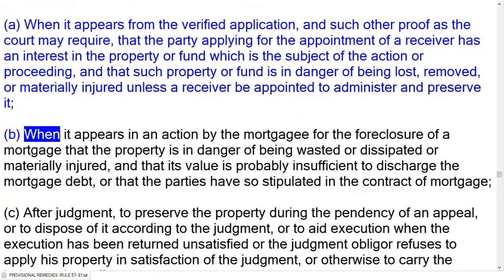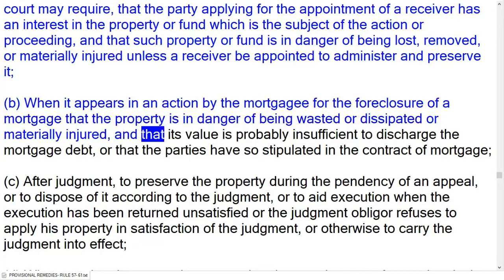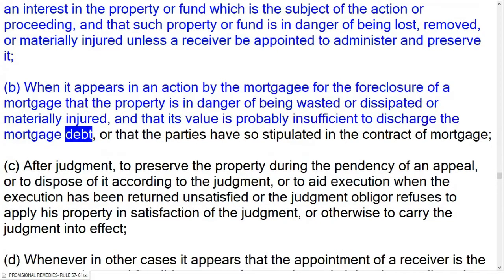B. When it appears in an action by the mortgagee for the foreclosure of a mortgage that the property is in danger of being wasted or dissipated or materially injured, and that its value is probably insufficient to discharge the mortgage debt, or that the parties have so stipulated in the contract of mortgage.